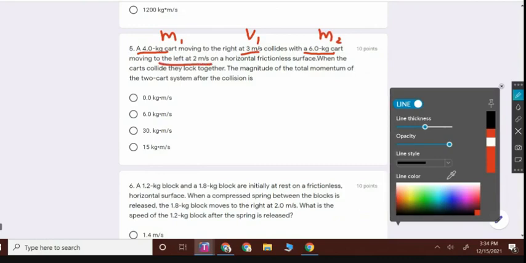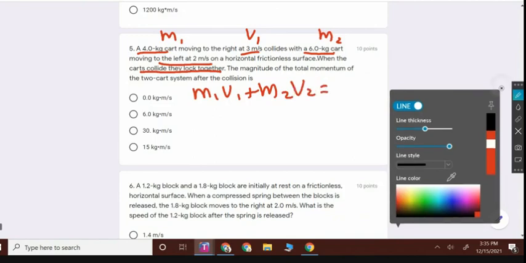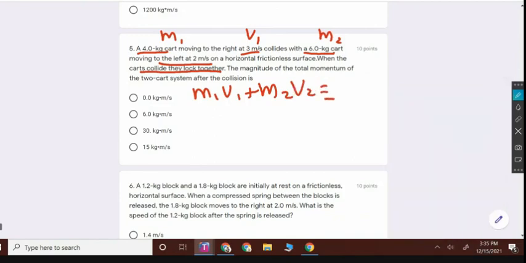So they're in opposite directions and collide and lock together. So it's m1 v1 plus m2 v2. What goes on this side? You add them together, because now they're not two things anymore. They're one thing with one velocity.